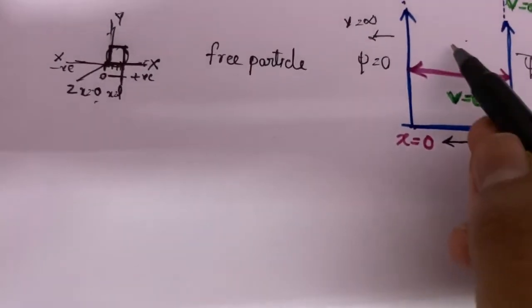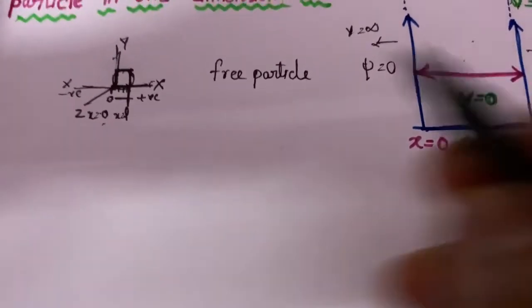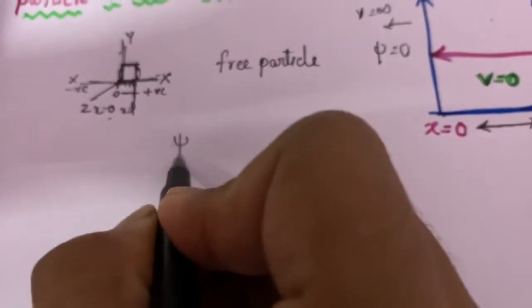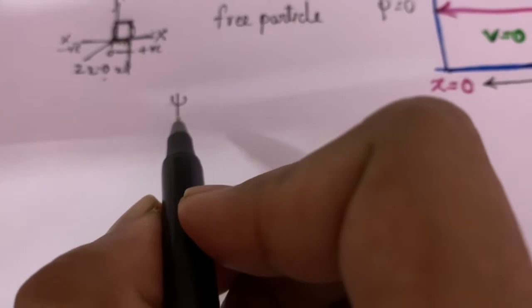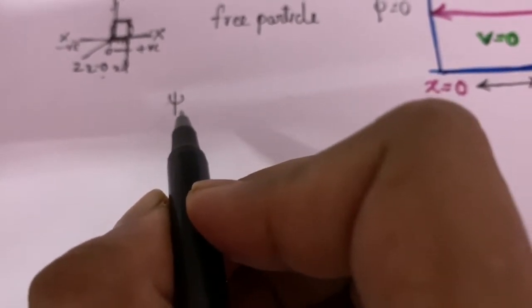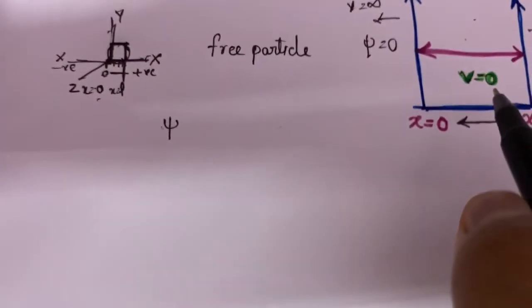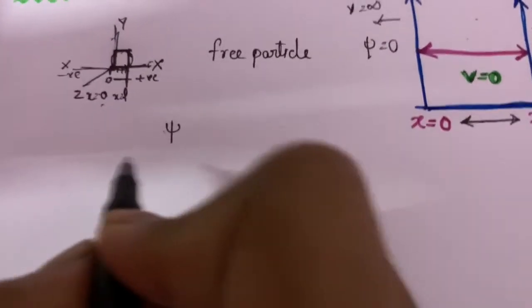Now we are going to find the properties of the particle present inside the box on the basis of its psi value. What is meant by psi? Psi is a wave function which gives complete information about the particle present inside the box. What is the complete information?